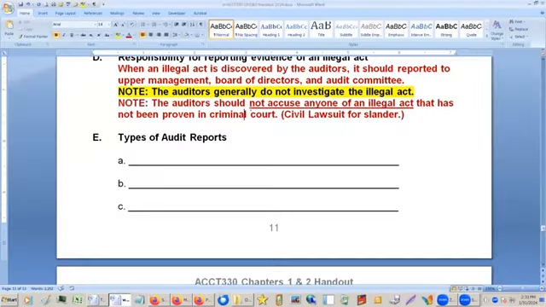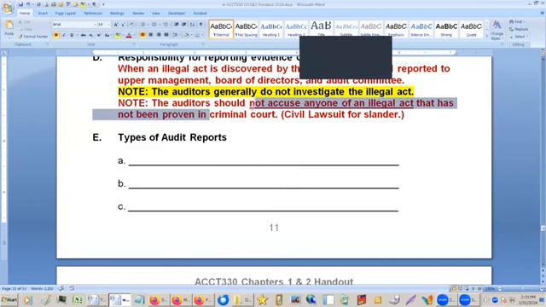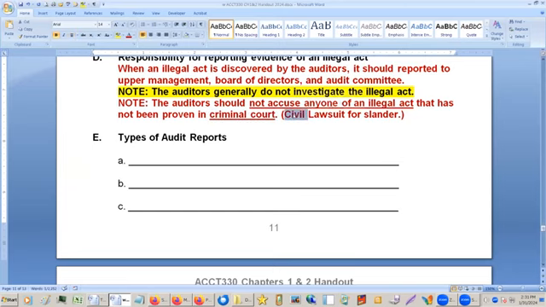And say here's what was found on this expense report or whatever it was. So don't ever accuse somebody of a crime that has not been proven in a criminal court. And you can't get a criminal conviction in a civil court. Civil lawsuits are only for dollar amounts.